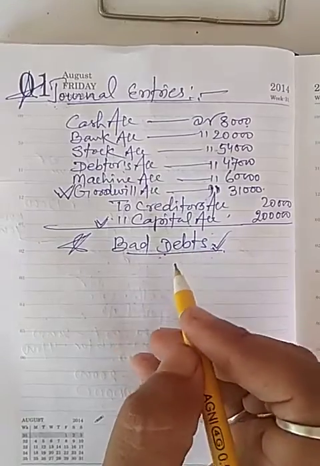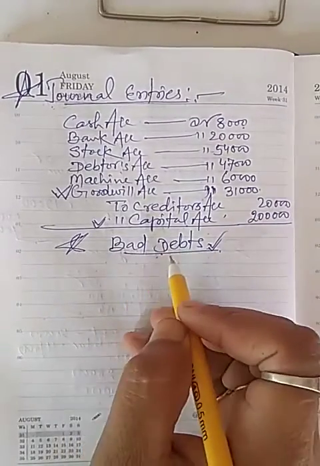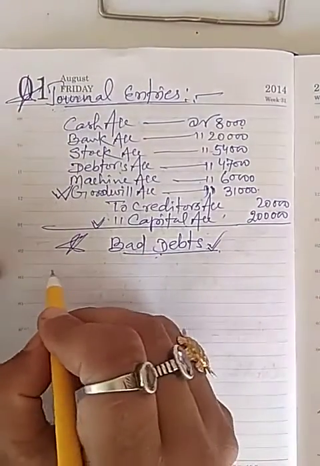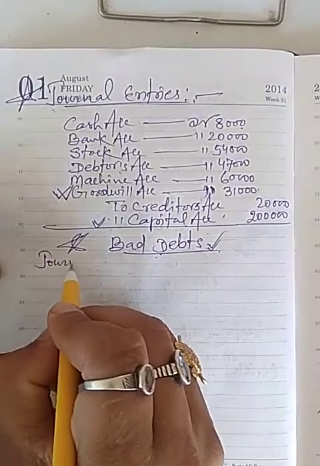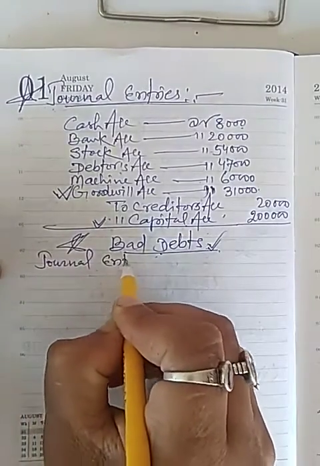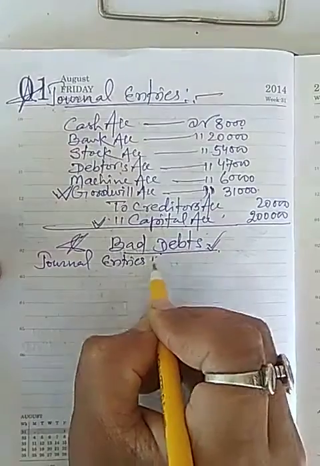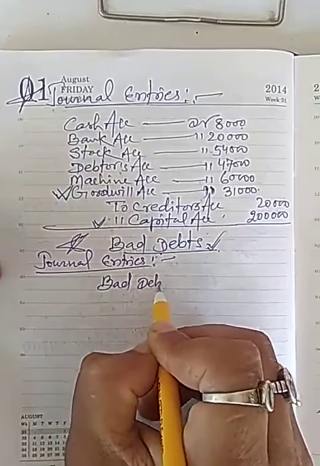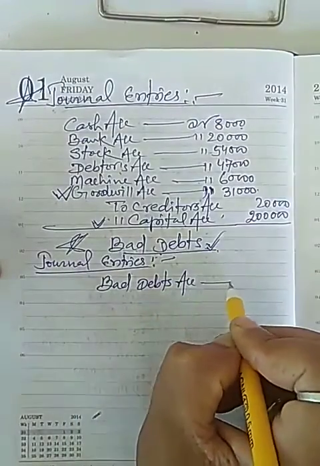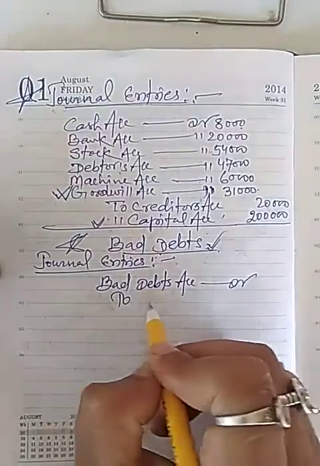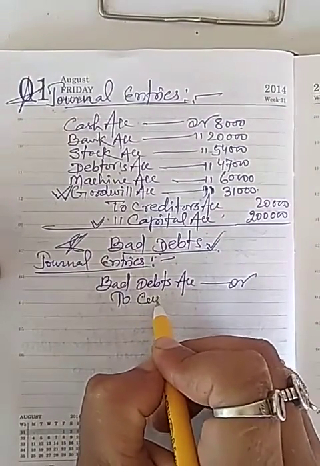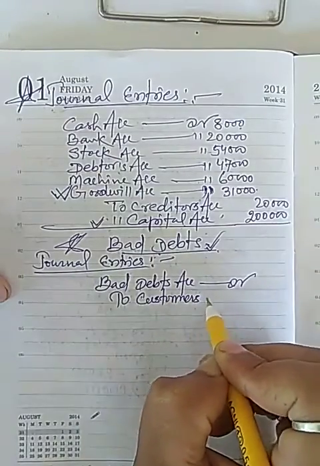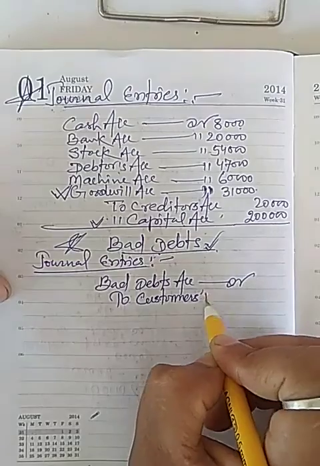For recording the bad debt, journal entry will be bad debts account DR to customer personal account, customer's name.